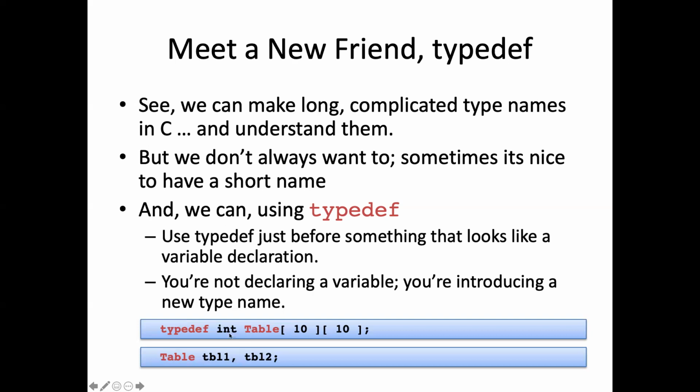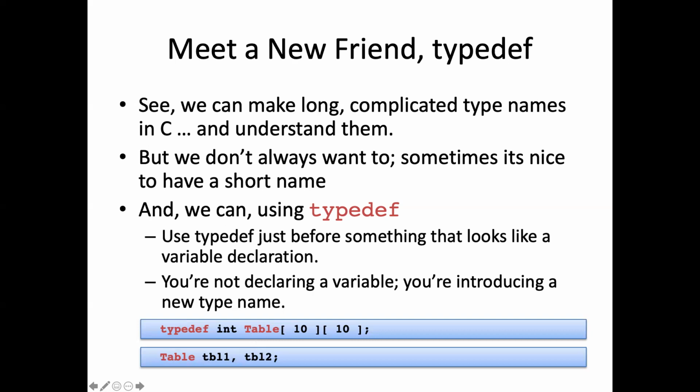So without typedef, that's a variable declaration. If you stick the word typedef in front, it says, I'm not making a variable. I'm defining the name of a type. The name will mean the same type that variable would have had.